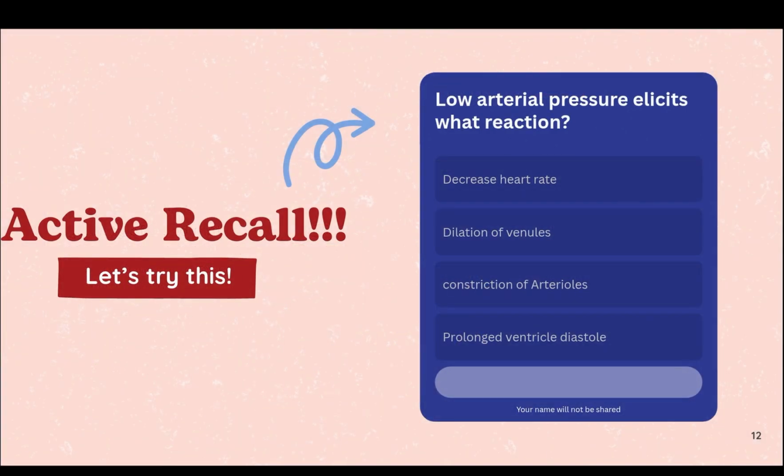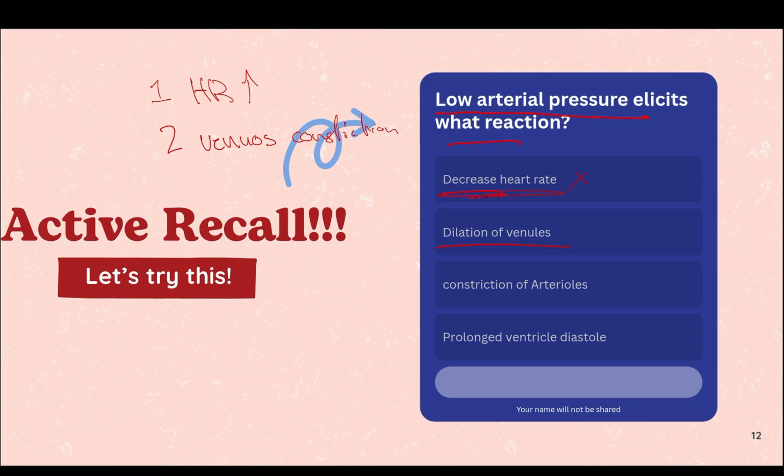Now, let's do this question. Low arterial pressure. What reaction does it elicit? We mentioned that the first one is basically heart rate increases, so pumping activity. Obviously, decrease in heart rate is wrong. Two, we said venous constriction to increase the venous return.